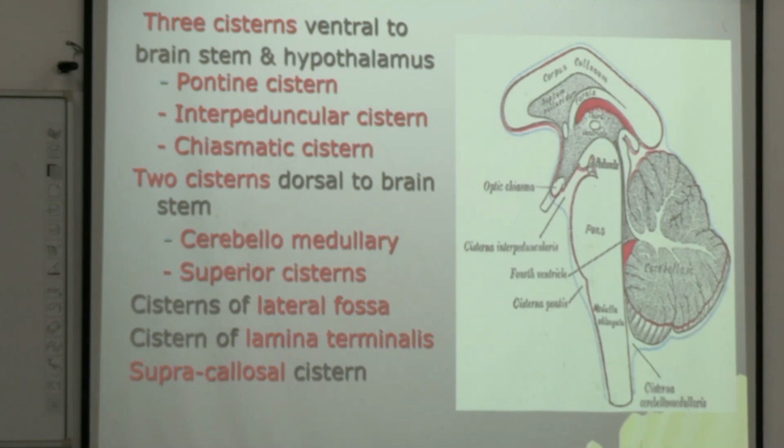These words are very new to you, and when we start the classes or lectures and demonstration of the cranial bones and the skull, it will become more clear. For now, just see what the contents are: what is dura mater, what is pia mater, what is the subdural space.